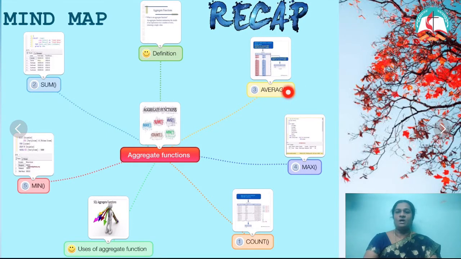Then average, and fourth, the maximum of the numbers, and then the minimum of the given numbers. So what are the 5 things? Count, sum, average, maximum, minimum. These are the 5 functions we saw in aggregate functions.